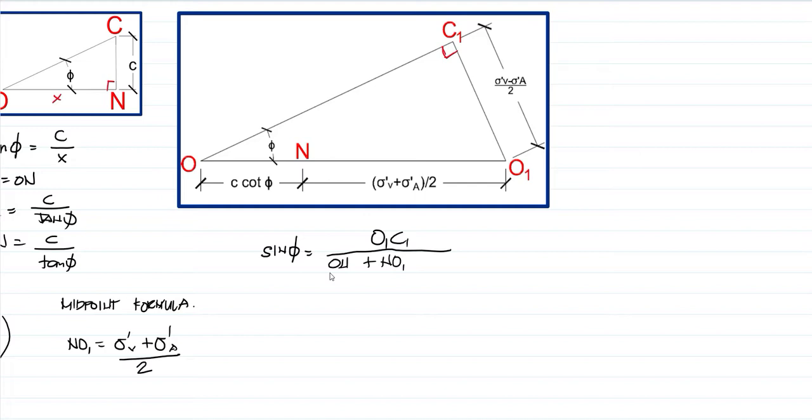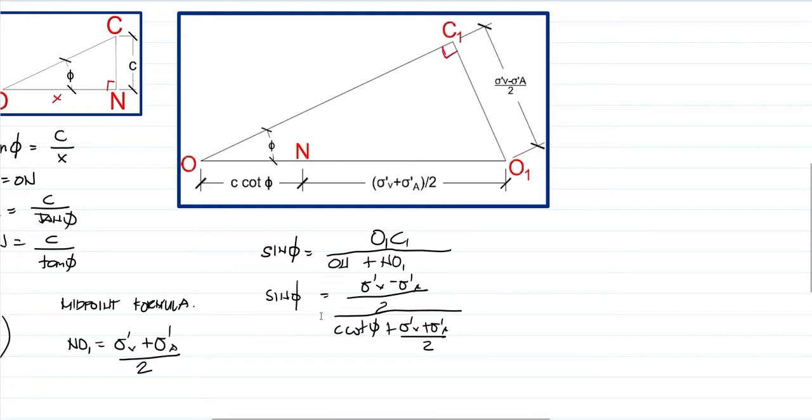So, substituting, we will have sine of phi is equal to O1C1 will be sigma prime B minus sigma prime A over 2 divided by ON natin is C cotangent of phi plus, that is sigma prime V plus sigma prime A over 2.